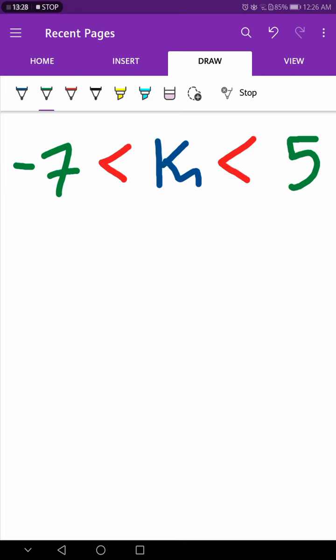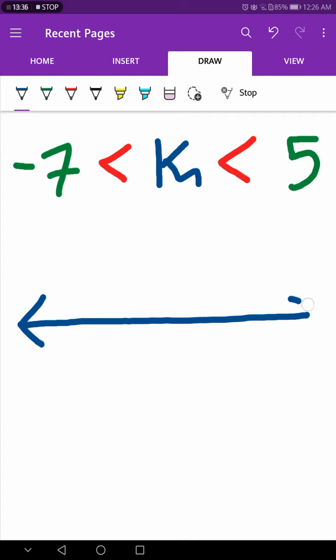So this is the solution. How do I graph it? Everyone knows how to solve it. The smaller number goes on the left, -7, and the 5 on the right, the greatest at the right. And I circle without fill color.